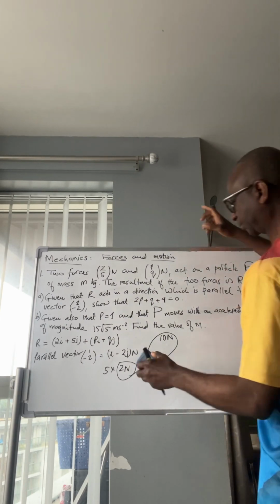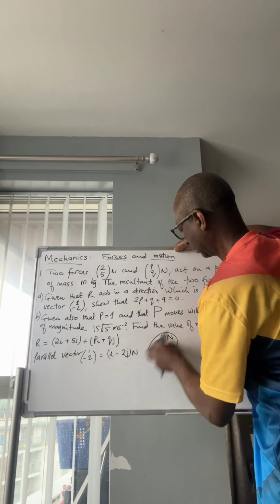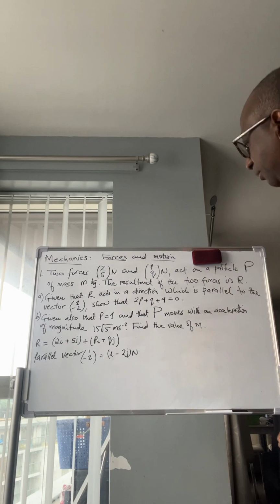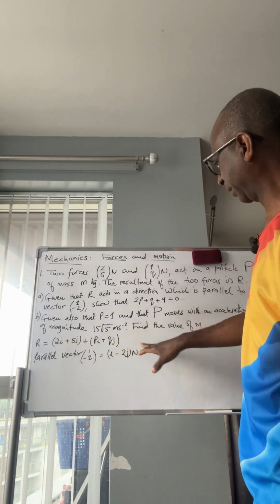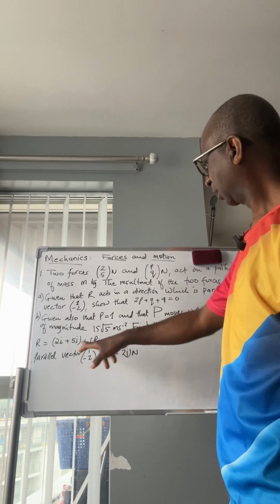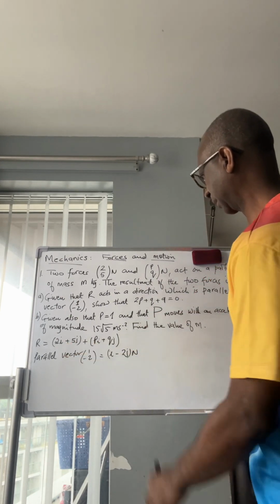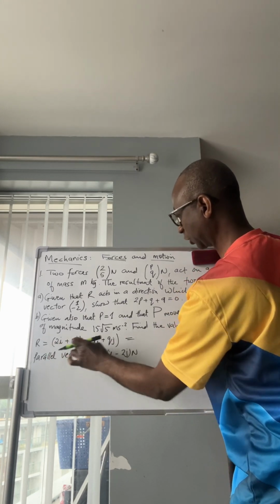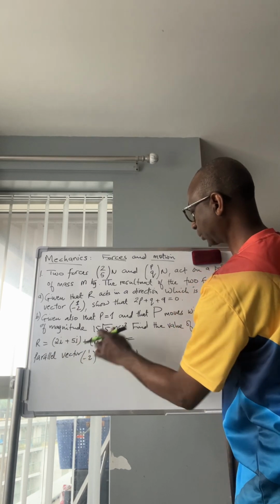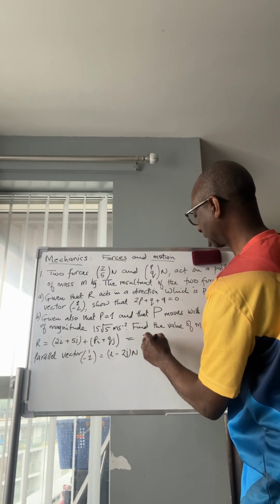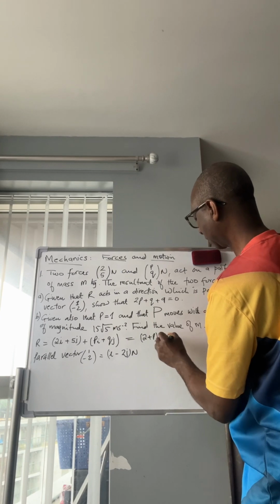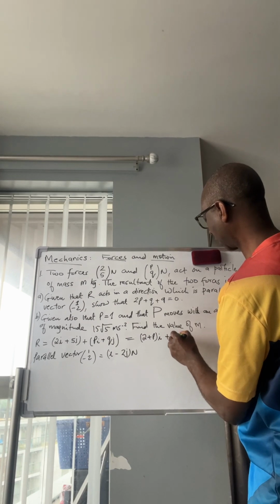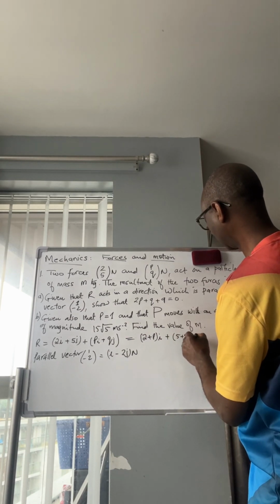The theory is simple. So if that is the case, now let's apply this idea to this problem we have on the board. Let us find the resultant vector. How do we do that? This is to bring the i's together and the j's together. So we are adding 2i plus pi, so 2 plus p i, and then again you have 5j plus qj, which means 5 plus q j.